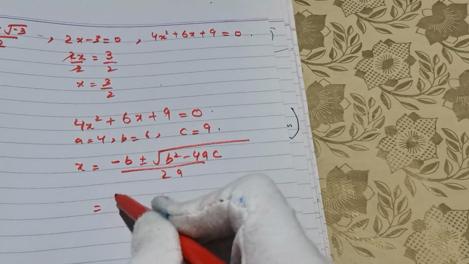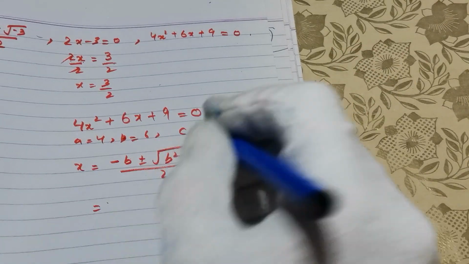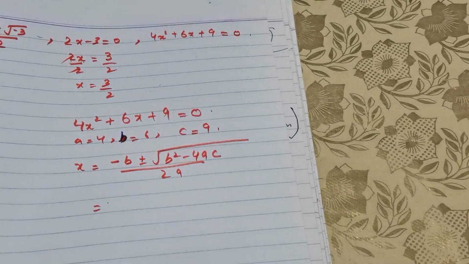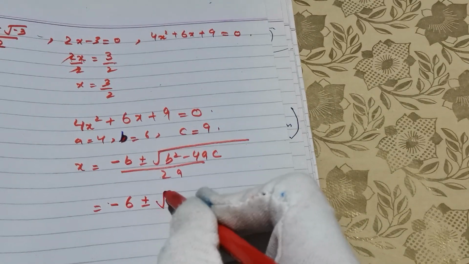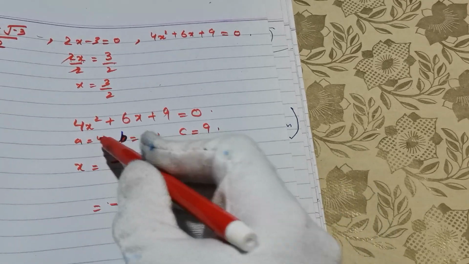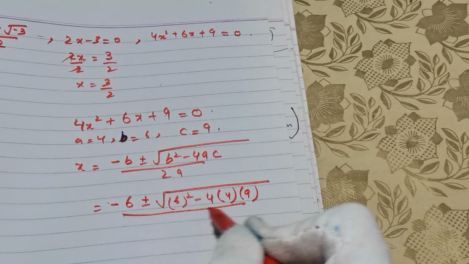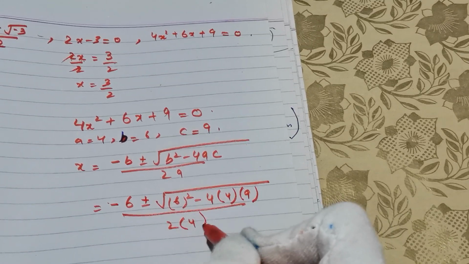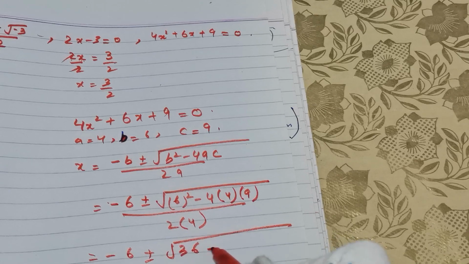Minus 6 plus minus under root 6 square minus 4, a is 4, c is 9, over 2 into a is 4, is equal to minus 6 plus minus under root 36 minus 4 9s are 36.